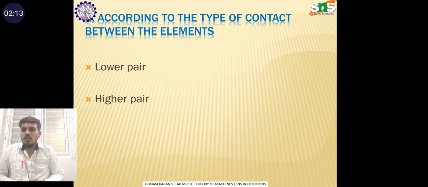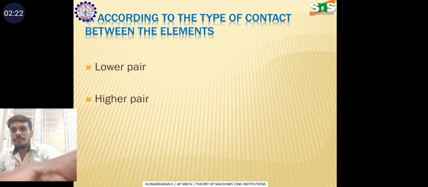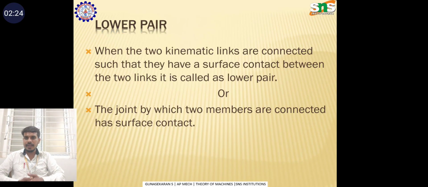Now we are seeing the classification according to the types of contact between the elements. First one, lower pair; second one, higher pair. First we are seeing lower pair. A lower pair is a type of kinematic pair in which the relative motion between the two components is constrained to one of the basic types of motions, either rotation, translation, or a combination of both.